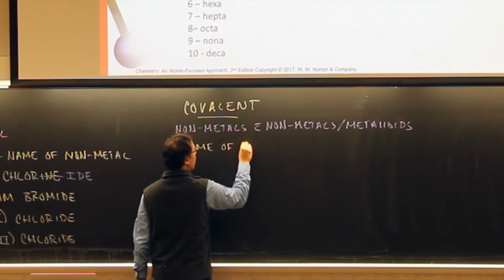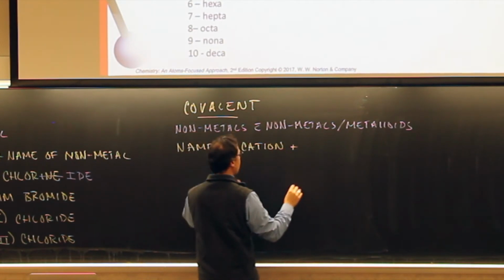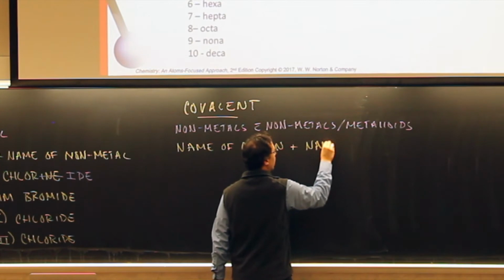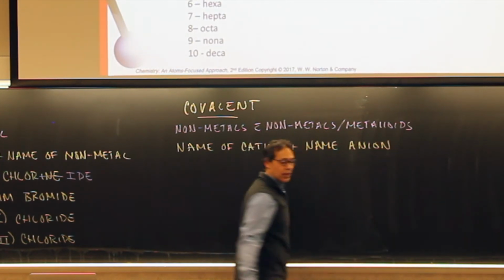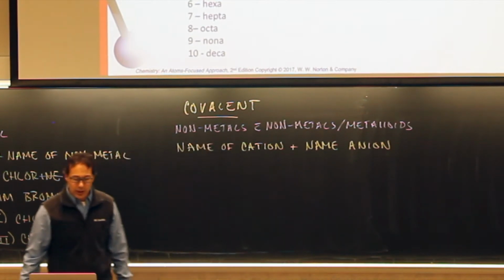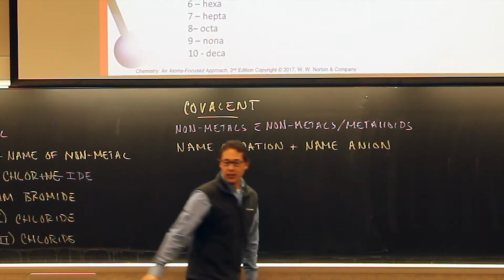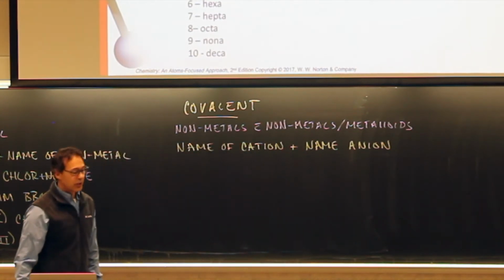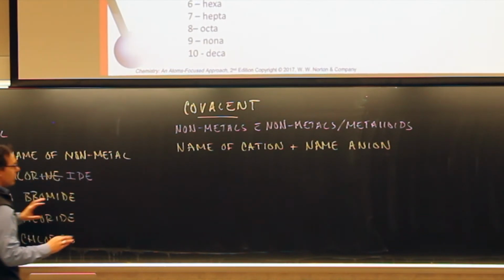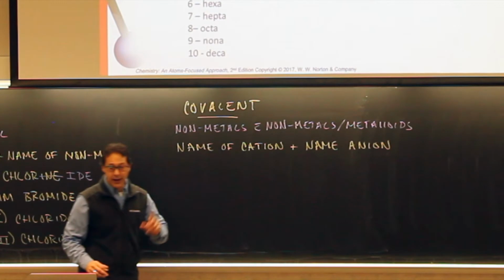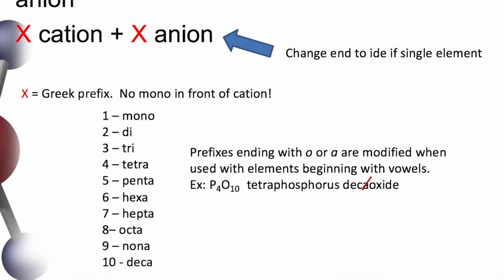We take the name of the cation and then the name of the anion, and we put them together, but we change the ending to -ide, just like we did before. So it's just like this, no Roman numerals, but we have some Greek prefixes because Latin wasn't enough.